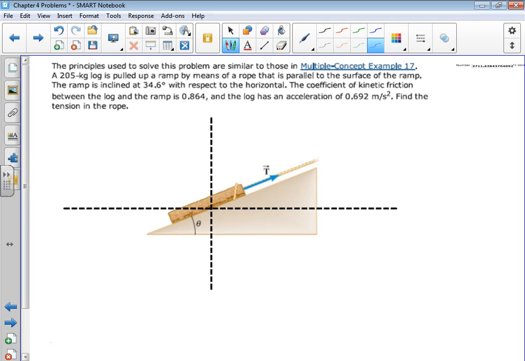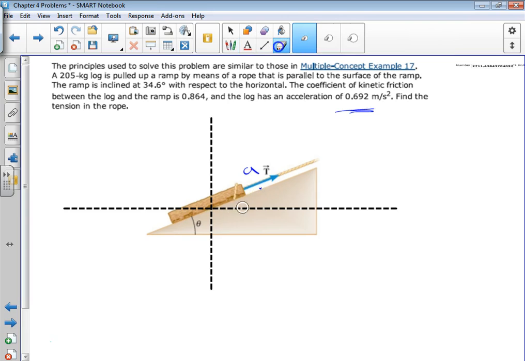So for example, this acceleration that they're talking about is going to be in this direction along the upward part of the ramp, because that's the direction it's moving, that's the direction the acceleration is pointed. And that means our acceleration would have components, would have to be at an angle. And that's going to make this problem so much harder. But there's a way around that.